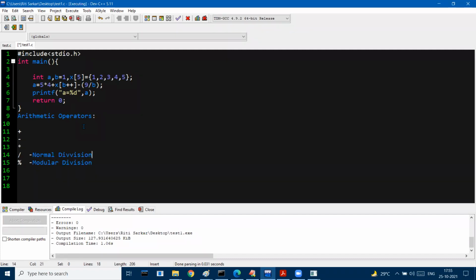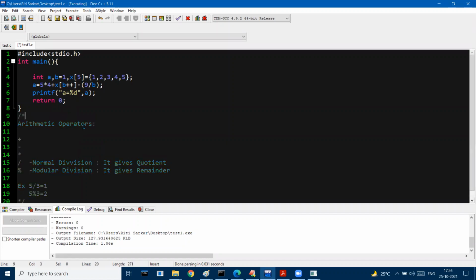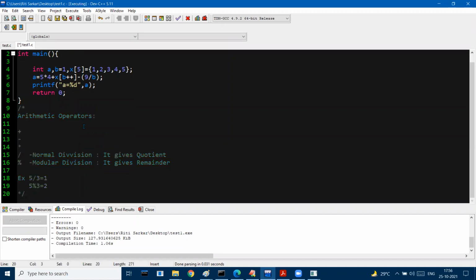Normal division gives quotient and modular division gives remainder. Example, 5 by 3. What is the quotient? 1. 5 mod 3. What will I get? Remainder. That is nothing but 2. So this is about the arithmetic operators.